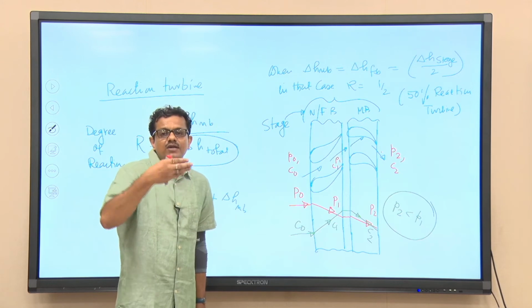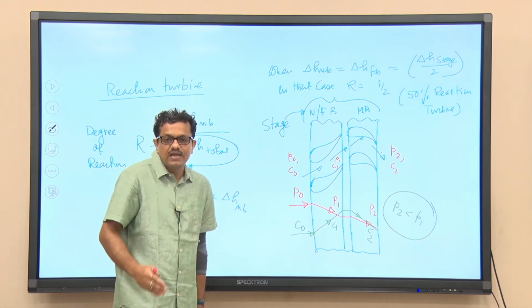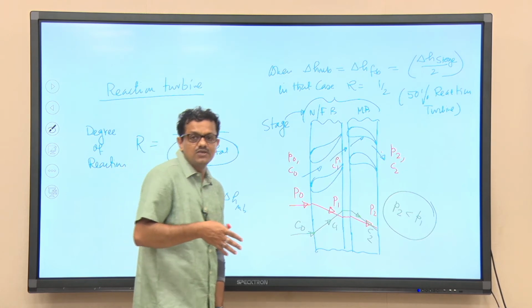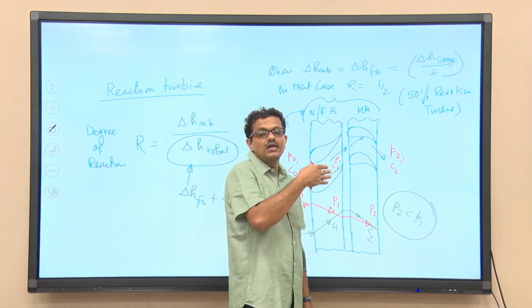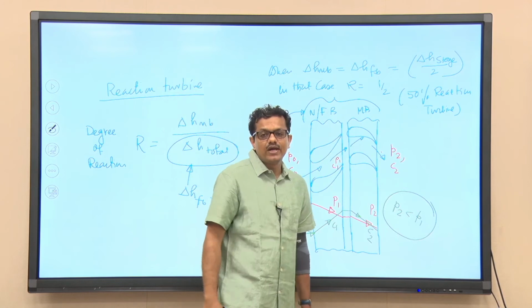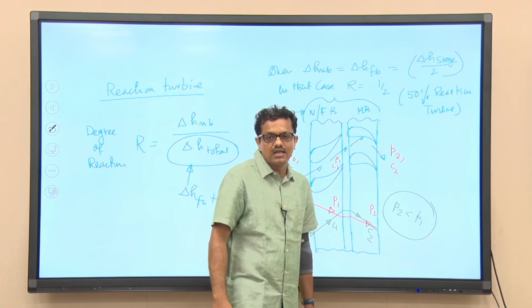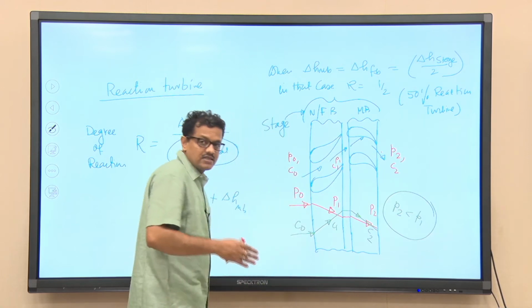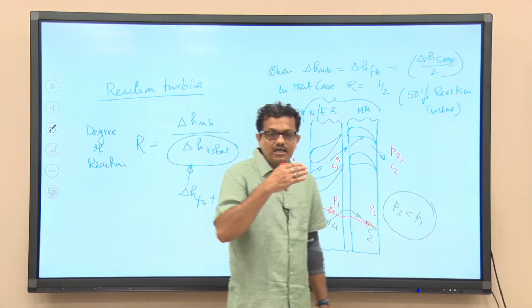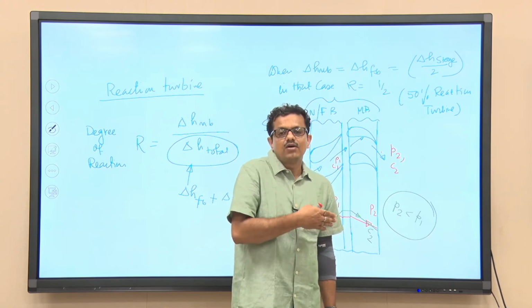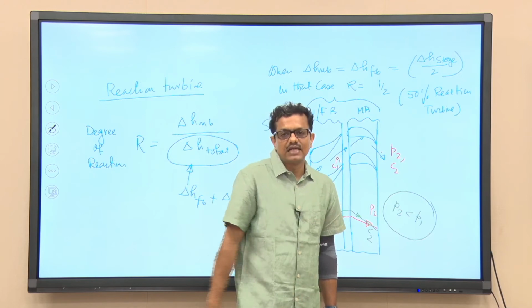On top of that, we also have a reaction force developed by the leaving jet on the blade, so both effects will be there while the turbine is rotating. That is why it is called impulse reaction turbine, but as I told you, only to differentiate this class of turbine from the impulse turbine, it is called simply reaction turbine.